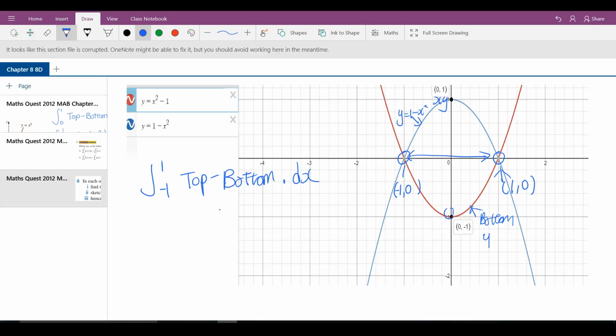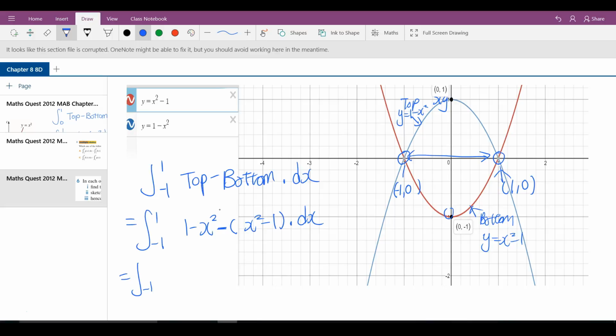And this is y equal to x squared minus 1. Okie dokie. Alright, so we can write down -1, 1. Top minus bottom. So I forgot to write the top here. Alright, so the top is 1 minus x squared minus bracket x squared minus 1.